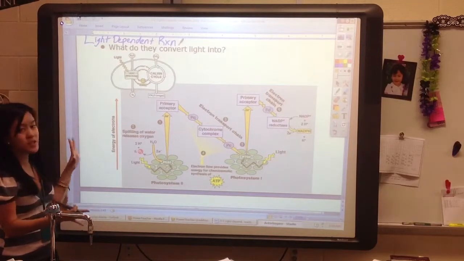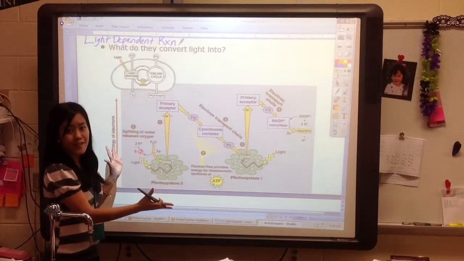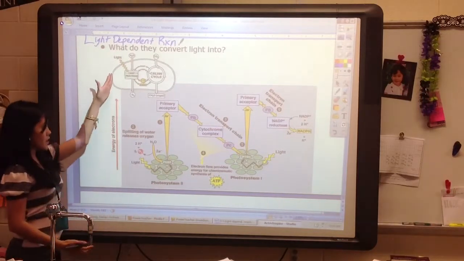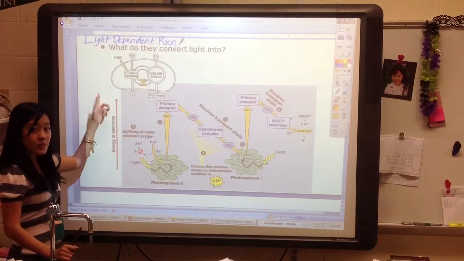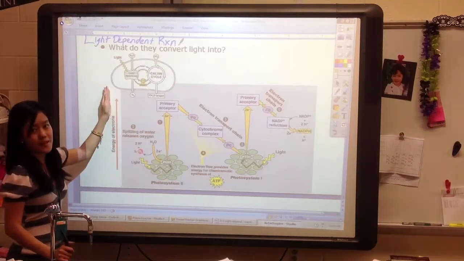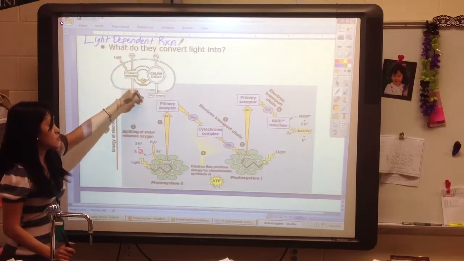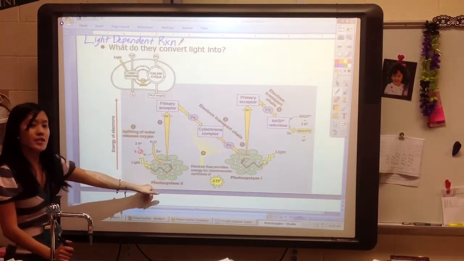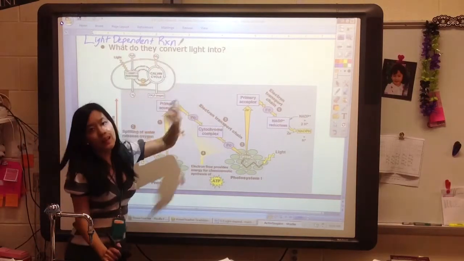So before we even get started, let's look at this image. What's all here, okay? Well, on the outside, you see this arrow showing you the energy of electrons. What is it indicating? Well, as electrons move up in this diagram, it's high in energy. But as it moves back down, that means it's going to decrease in energy. Question here, what do they convert light into?